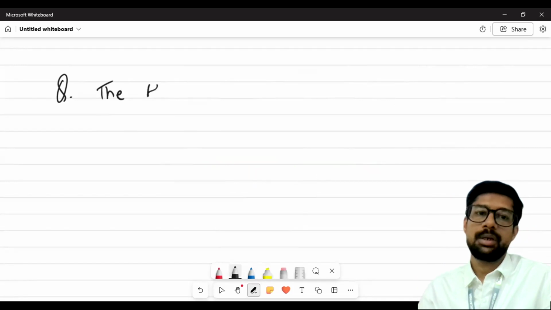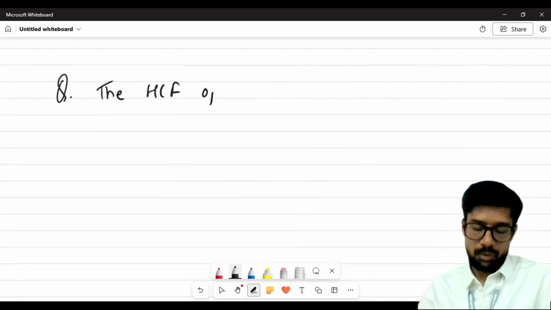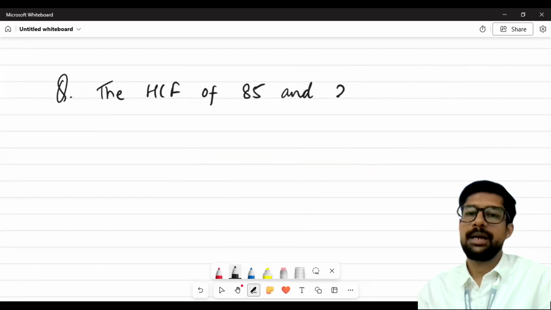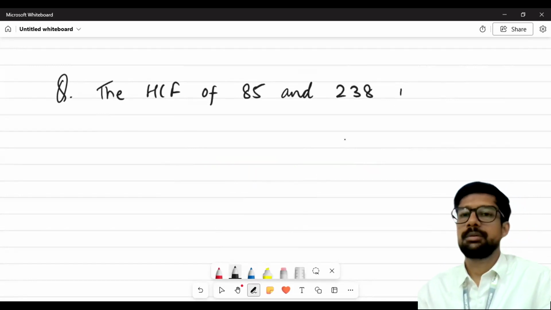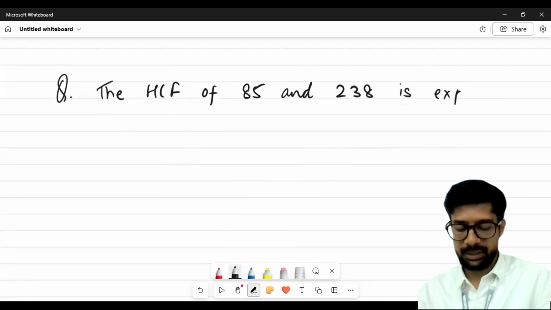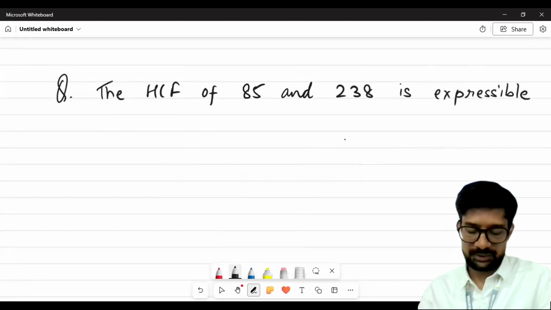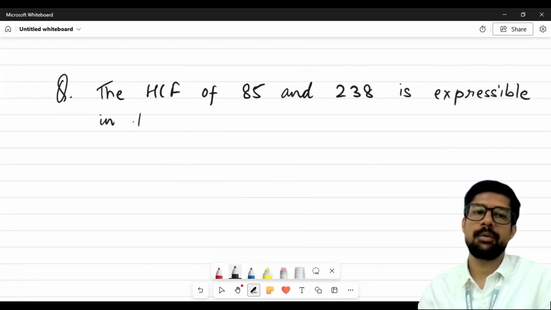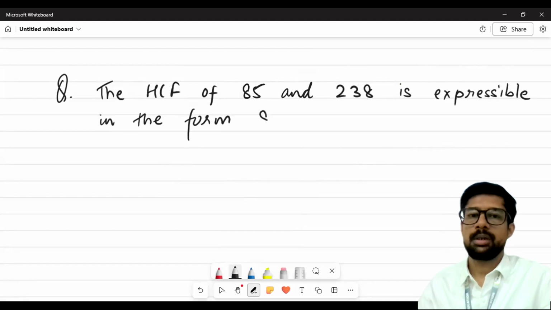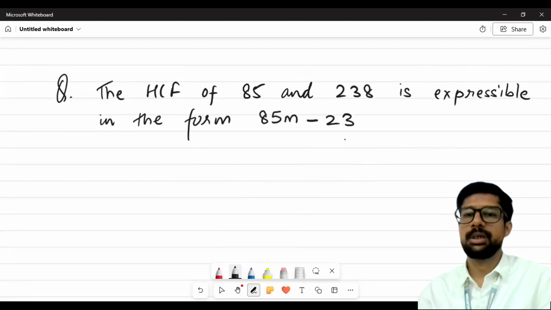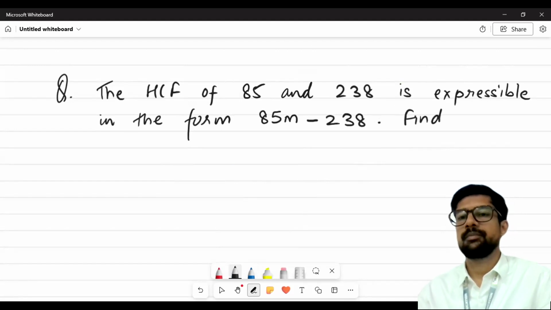The HCF of 85 and 238 is expressible in the form 85m minus 238, find m.